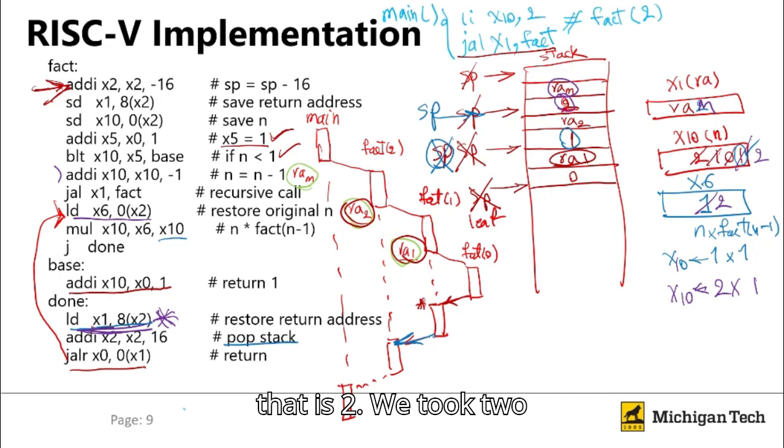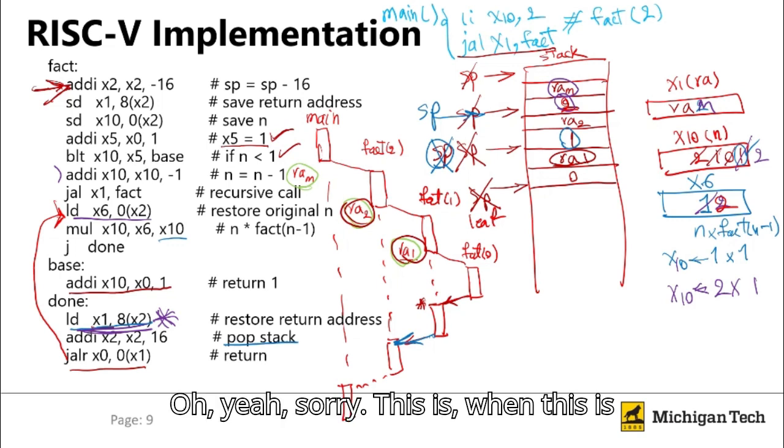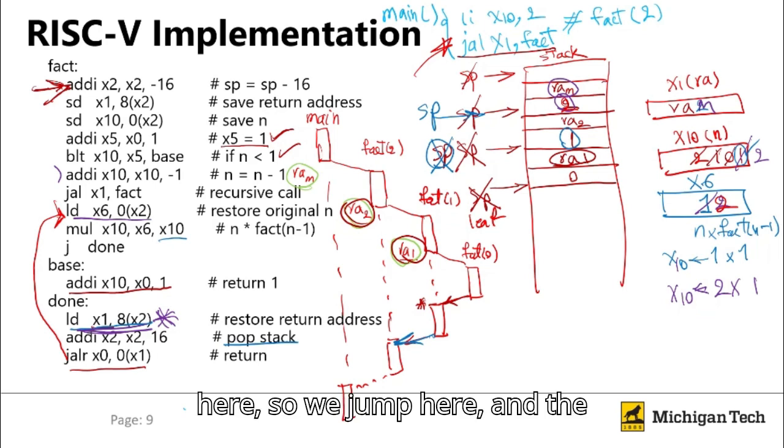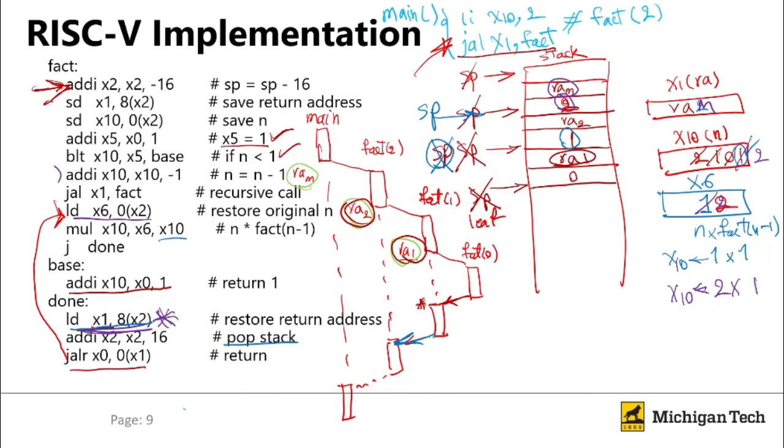We took 2 and put it in x6. Oh yeah, sorry. This is when this is happening. We jump here, not here. The return address M is here. So we jump here, and the factorial is x10, the output, and x10 is 2 multiply 1, that is 2 factorial.